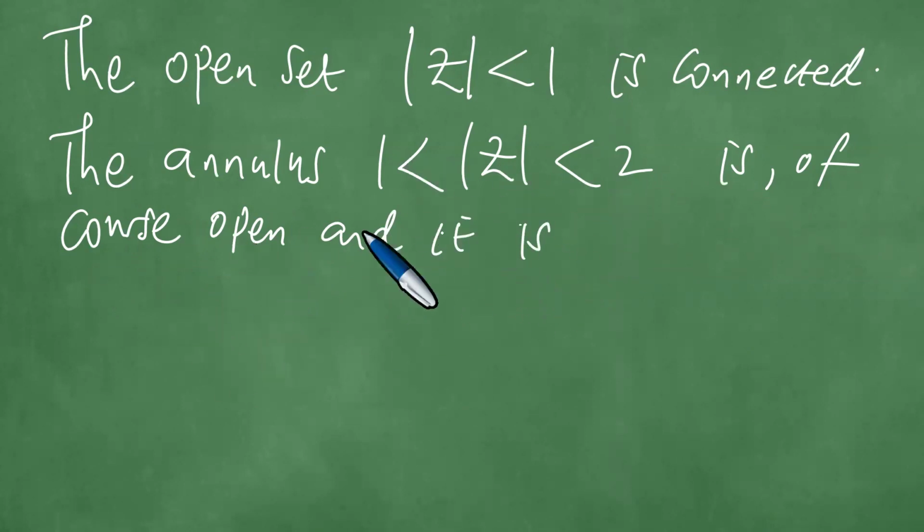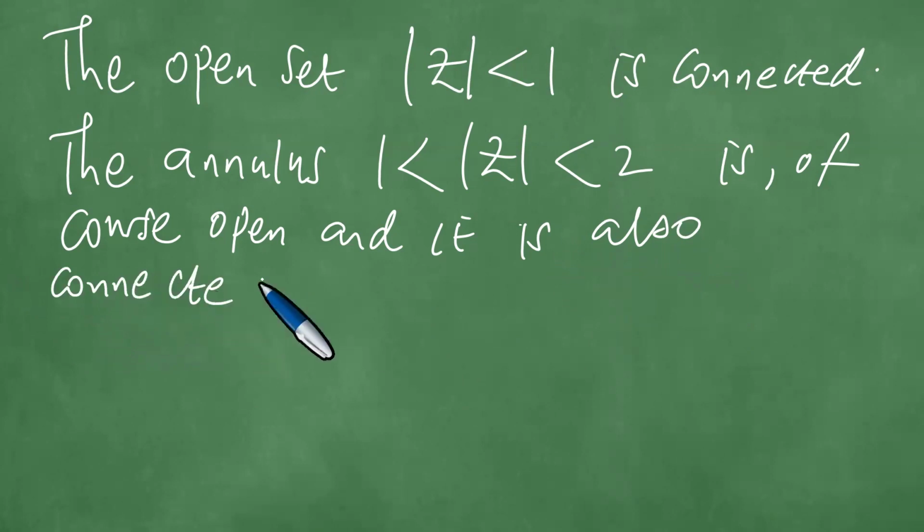An annulus means that you have two radii, like two concentric circles. We shall just sketch this one. In other words, the annulus is open, and it is also connected.